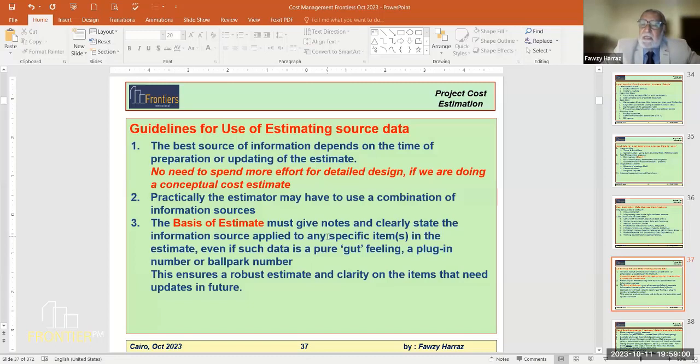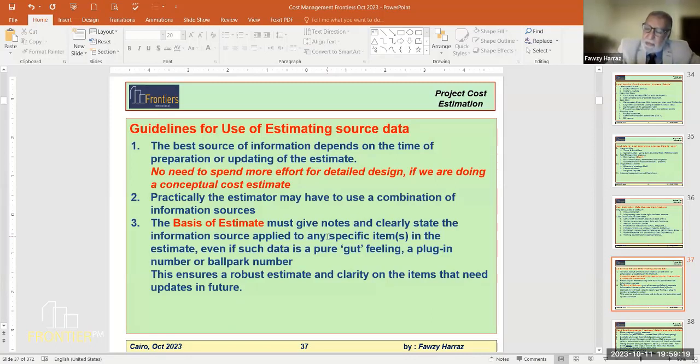And the guideline here is what they call the Pareto principle. If you have an estimate with 100 line items, 20% of these line items make almost 80% of the total estimate.